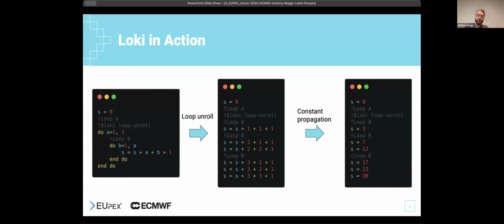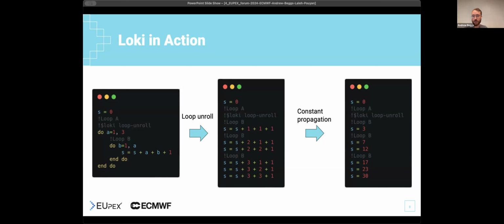So I've talked a lot about the why, and now I'll show you the what. So this is Loki in action. It is a very contrived case, but it's just showing that if you look at these loops, it can unroll them, no bother. Even though we're using loop A's counter in loop B, it's completely fine.